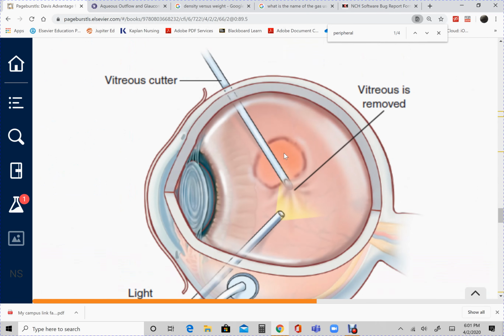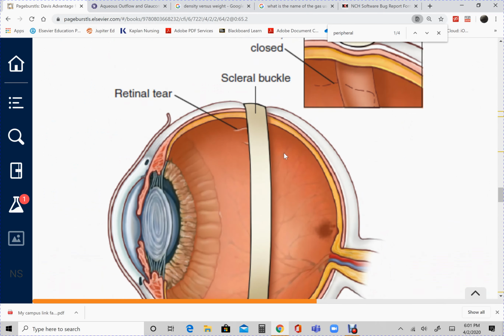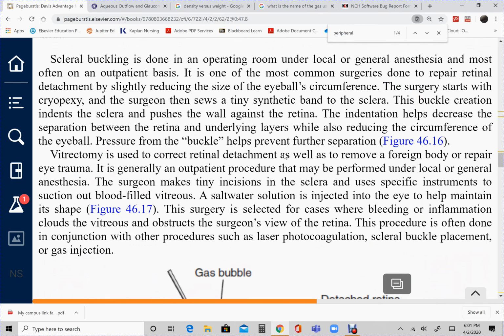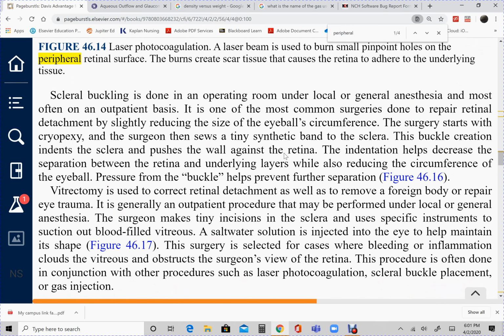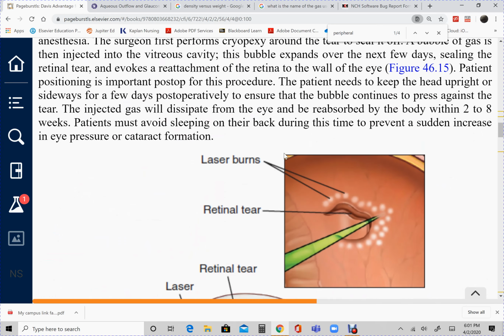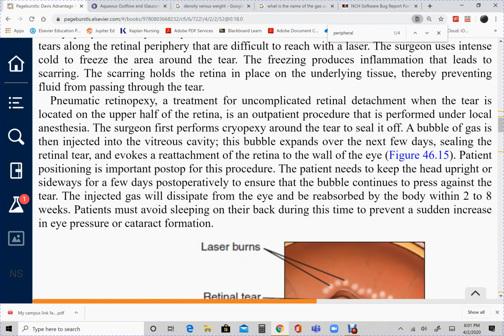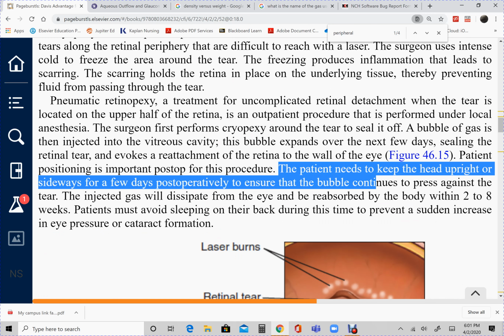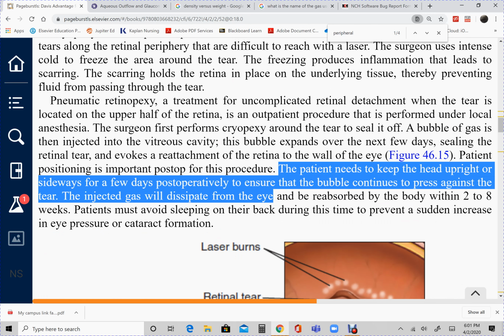Pneumatic retinopexy, here it is. So this is your instruction. You teach the patient this before surgery, and then you reinforce it post-op.